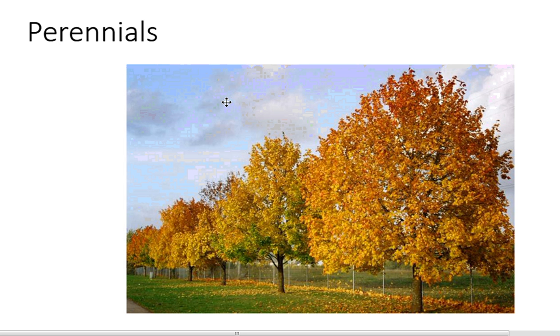Think of a tree, loses its leaves, goes dormant during the winter, but it reemerges in the spring. The plant doesn't actually go away. Now, this isn't just trees. There are flowers and things that will wither all the way to the ground, but leave their roots intact and then grow back up in the spring, reemerge, as it were. And these are called perennials, meaning they just keep coming back.